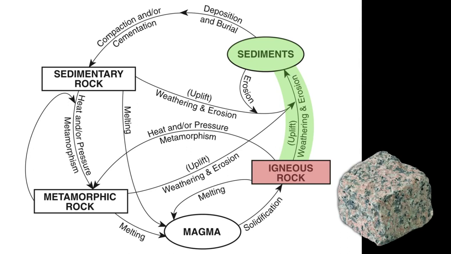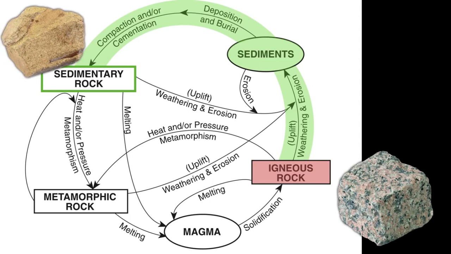Now these small sediments can be deposited and buried, and then compacted and cemented together to form a brand new rock called a sedimentary rock, like this piece of sandstone. So simply by weathering and eroding the granite into sediments and then squeezing the sediments back together, you've converted your igneous rock into a sedimentary rock.